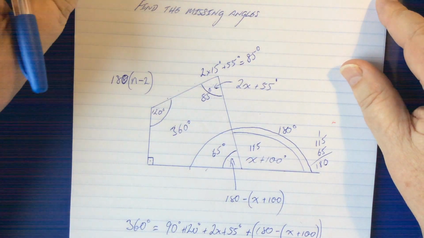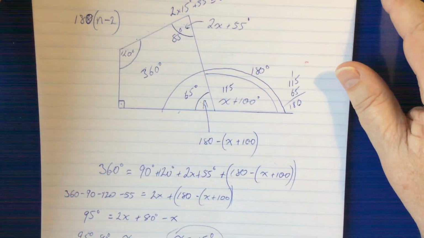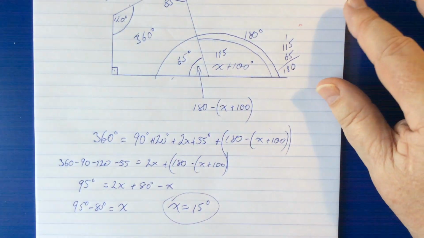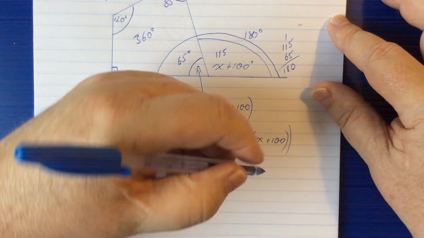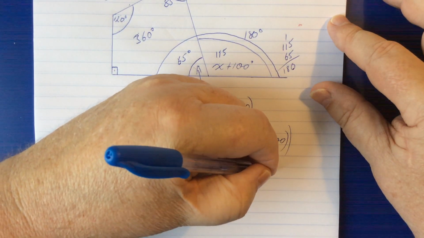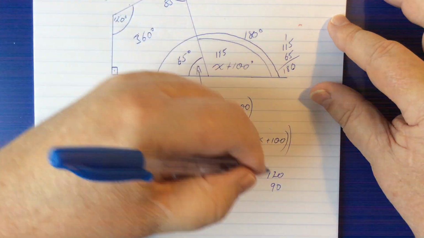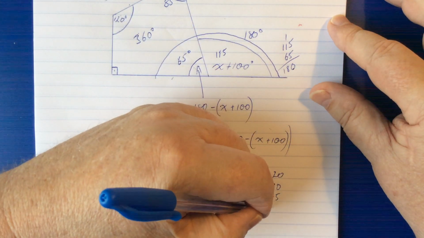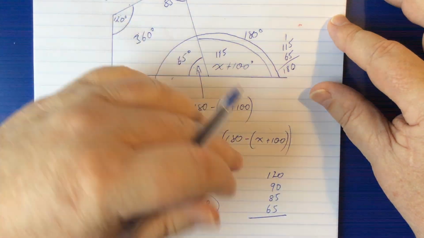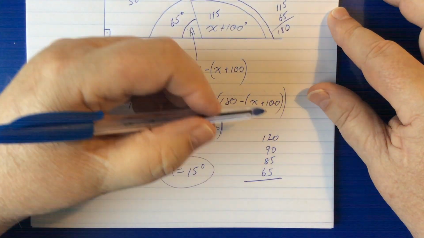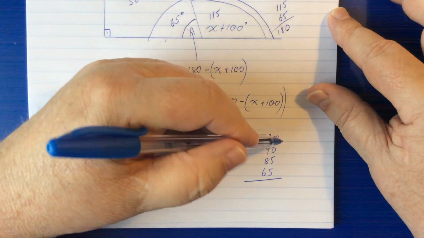Now we can check all this. If I find a blank space on this page, we have 120, we have 90, we have 85, and we have 65. And these should add up to 360 degrees if this is correct.